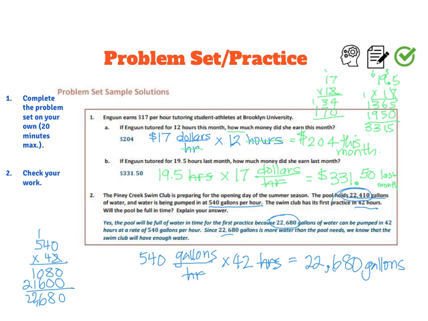So the swim club will have enough water. Yep. Yay, I'm glad.